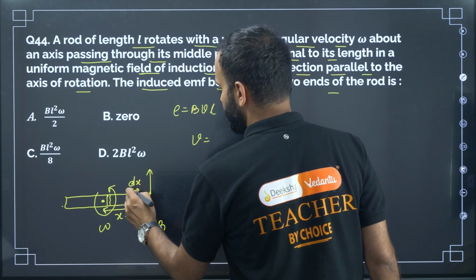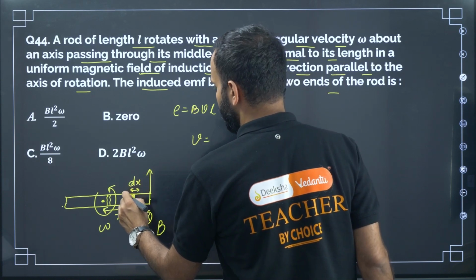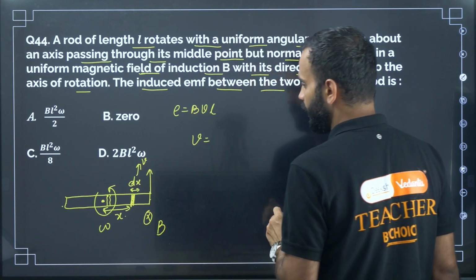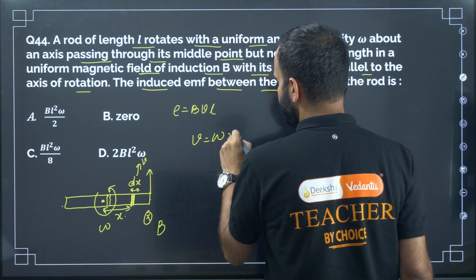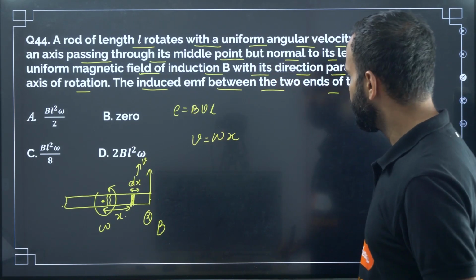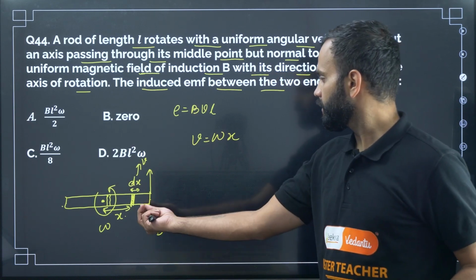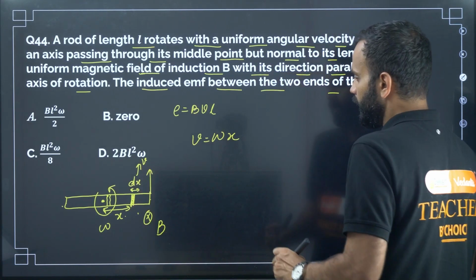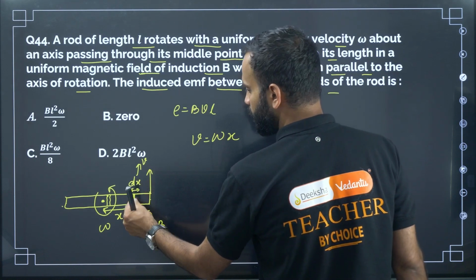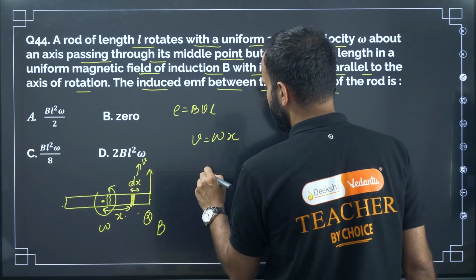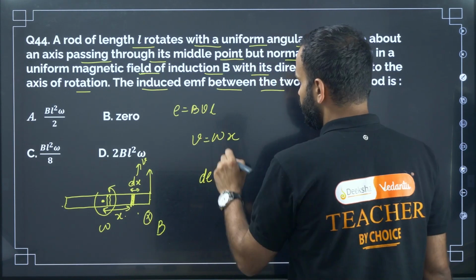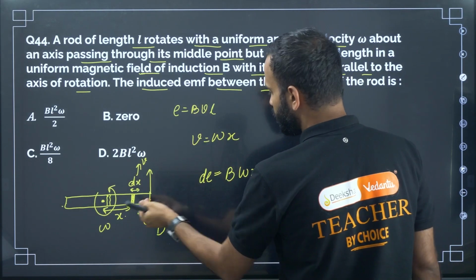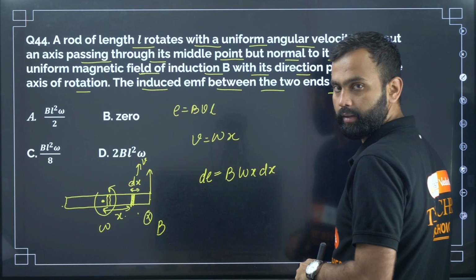So now this is the velocity v. So v equal to omega into x. And what is the length of this small element? dx, right? So now induced EMF produced in small element is dE. So dE equal to B into V, which is omega x, into length of this small element, dx.